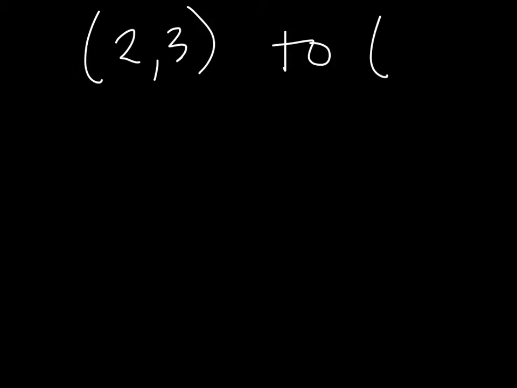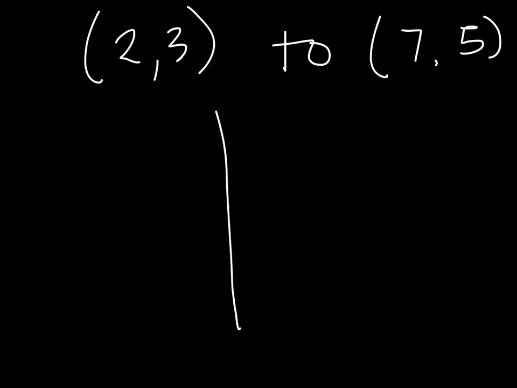So let's go ahead and slide here, and we'll talk about a vector that does not originate at the origin. Let's look at the vector from the point 2, 3 to the point 7, 5.